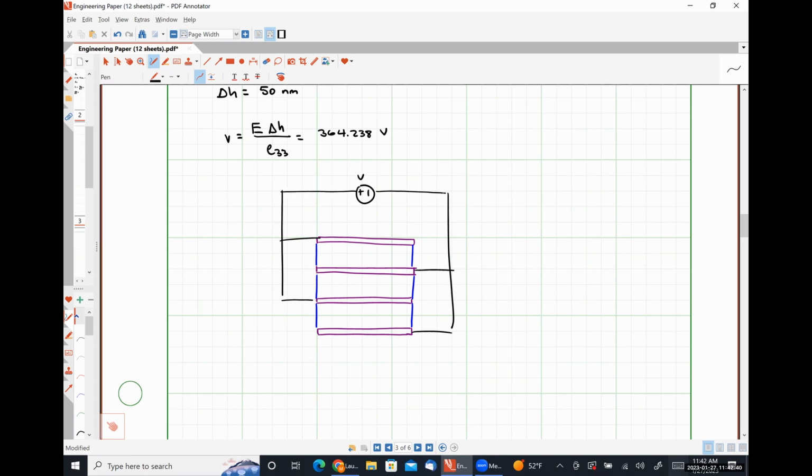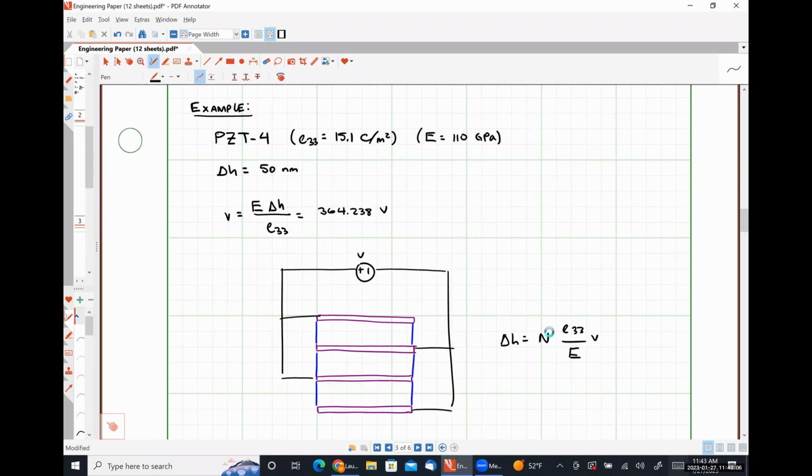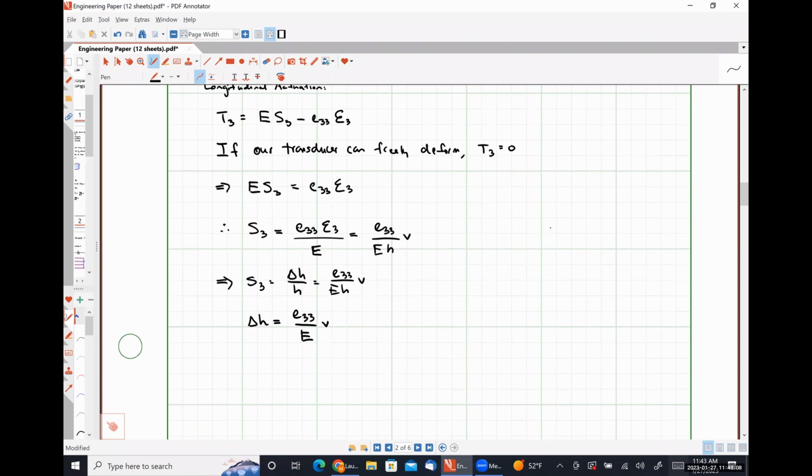Now I am essentially distributing my displacement over multiple actuators, so that my total displacement should just be N times E33 over E. I wrote H there, but that has to be V. Let me double check here. Yeah.